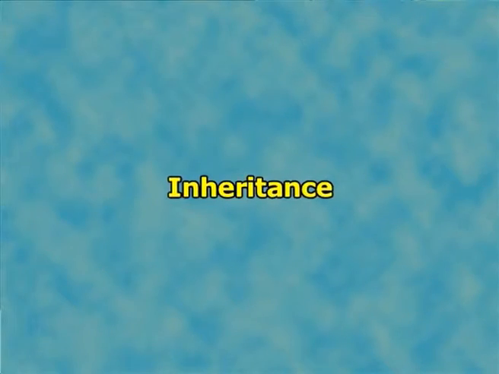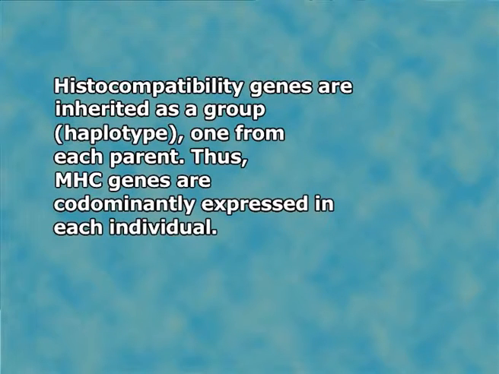Inheritance. Histocompatibility genes are inherited as a group, that is a haplotype, one from each parent. Thus, MHC genes are codominantly expressed in each individual. Each individual inherits a maximum of 2 alleles for each locus.